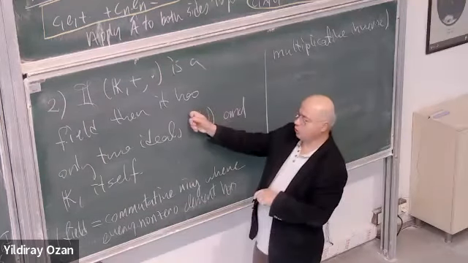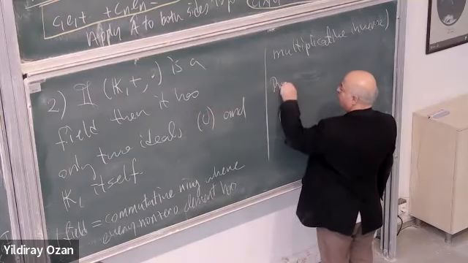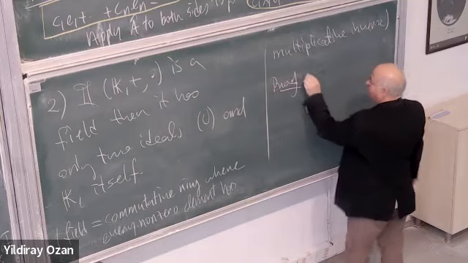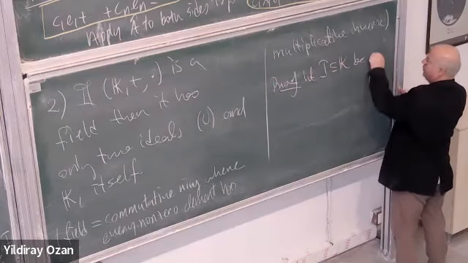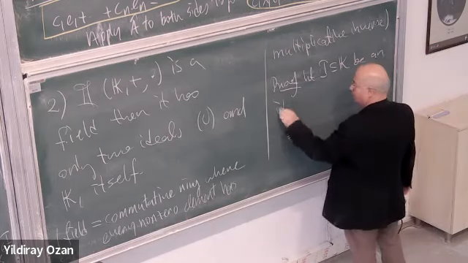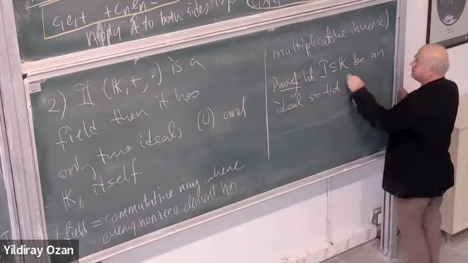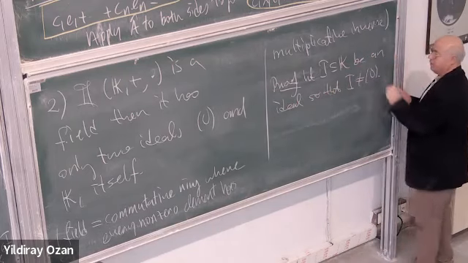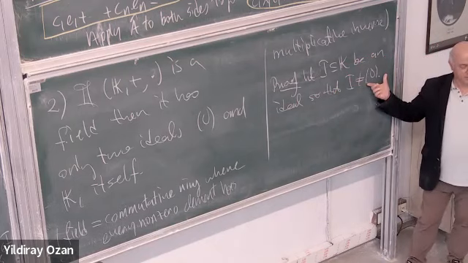Now let's see why this is true. Let I be an ideal so that it is not the zero ideal, like the one consisting of just the zero element.